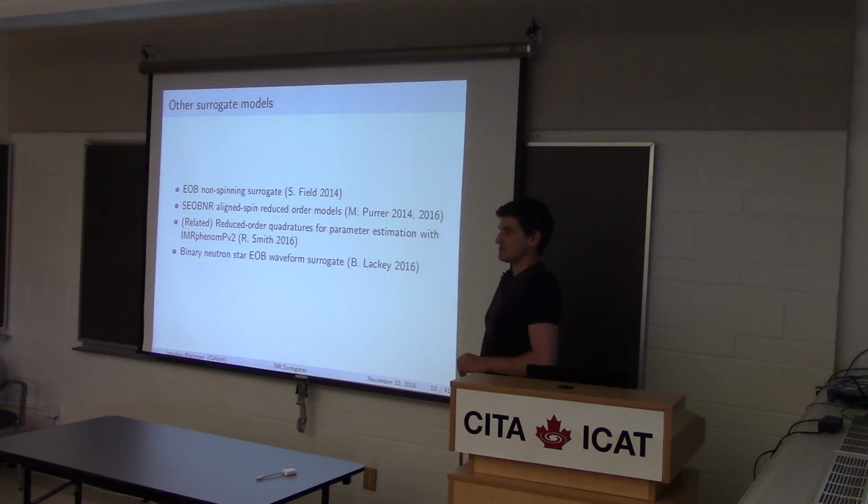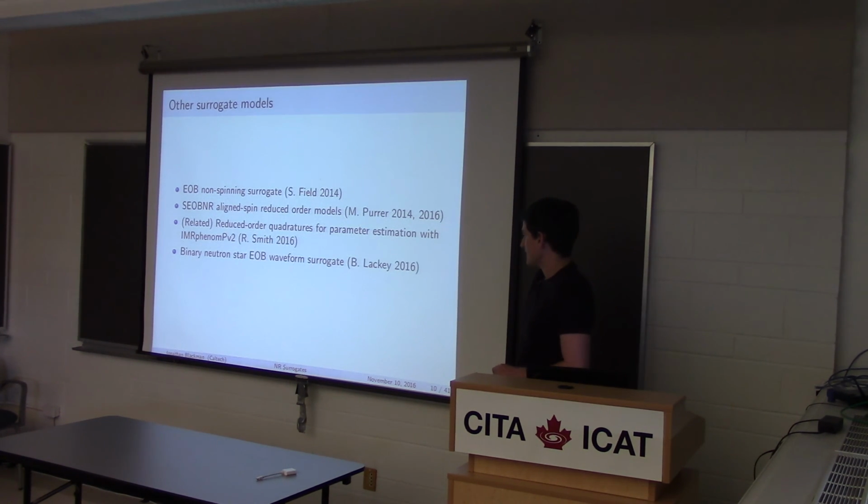So surrogate models have been built for other problems in gravitational wave research. First, they were built for effective one-body waveforms. The effective one-body model is reasonably fast, but not so fast that parameter estimation is a negligible cost. So you can speed it up by building a surrogate model, and some frequency domain reduced order models were also built.